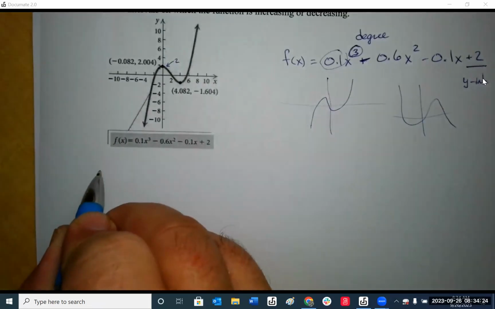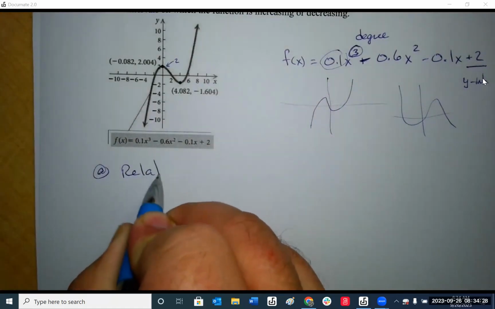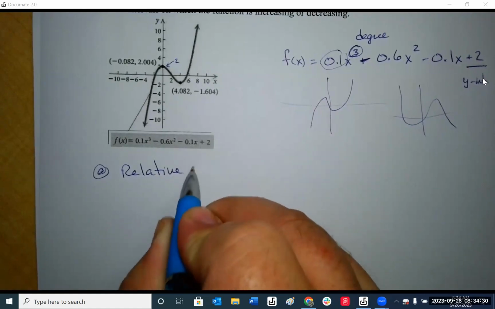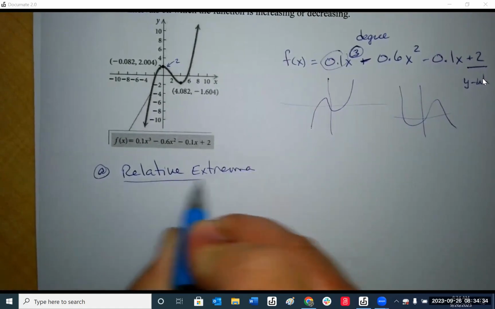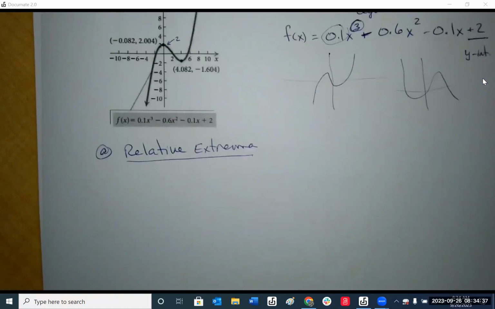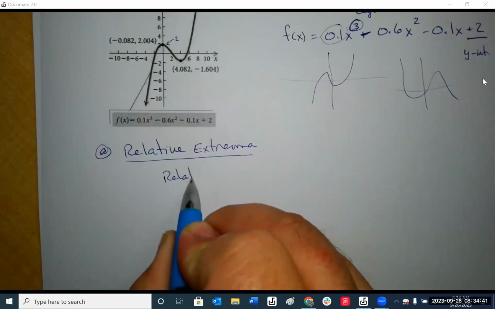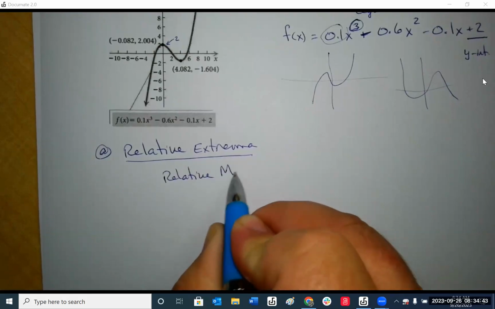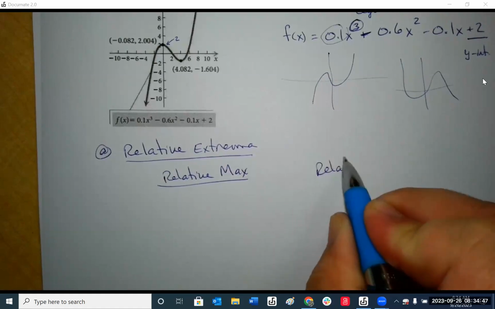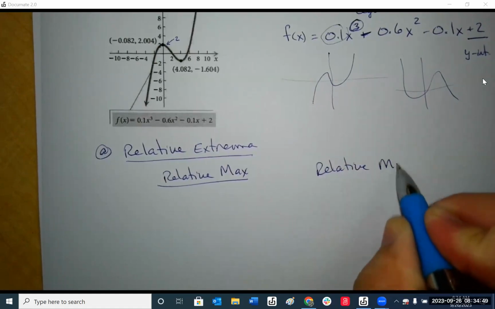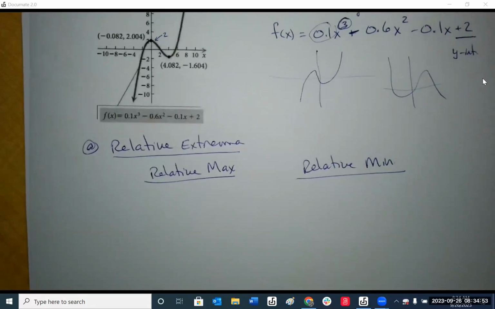So the first thing we have is the relative extrema. We have the relative maximum and the relative minimum. Where is the relative maximum at?